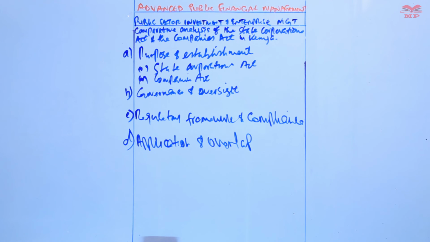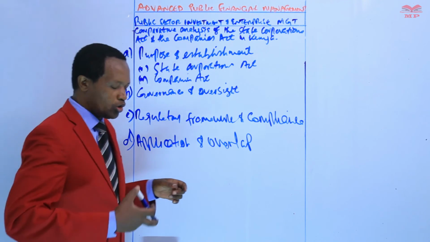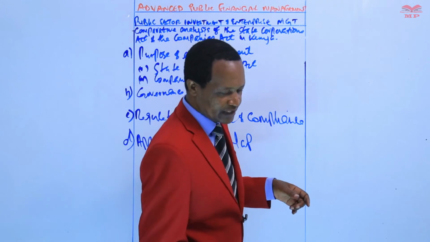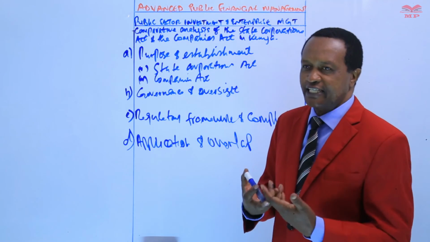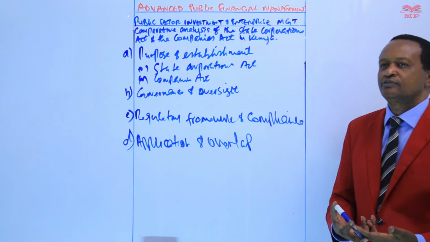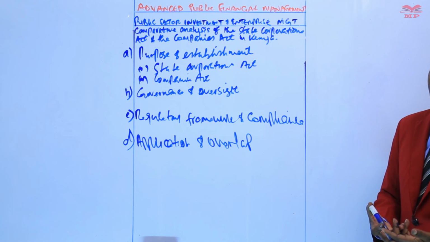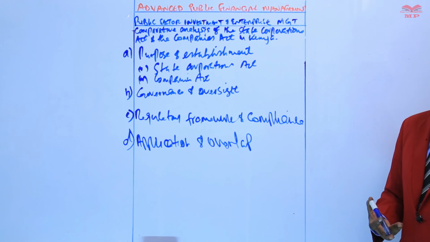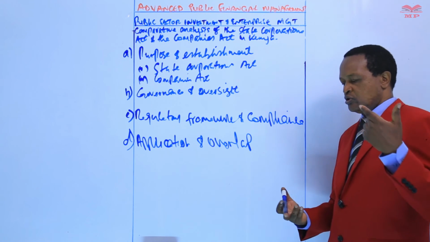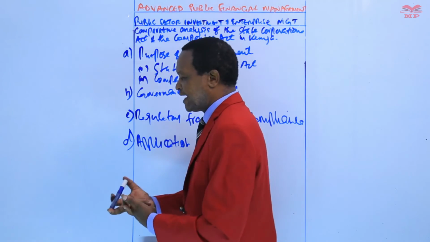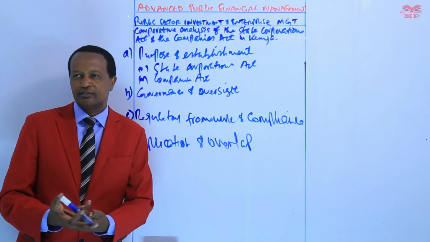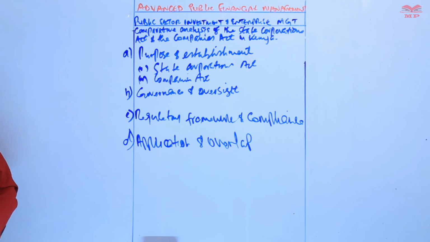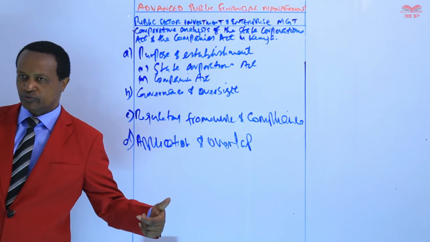On the other hand, the Companies Act applies to all incorporated companies under it. However, when a company is majority owned or controlled by the government, it falls under the definition of state corporation.